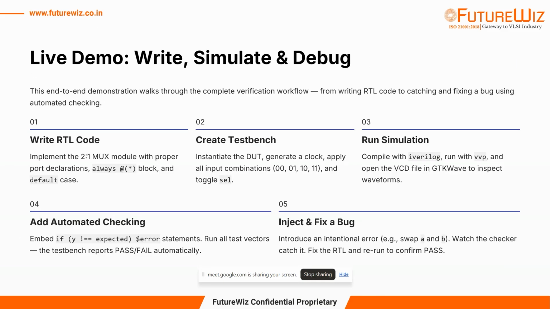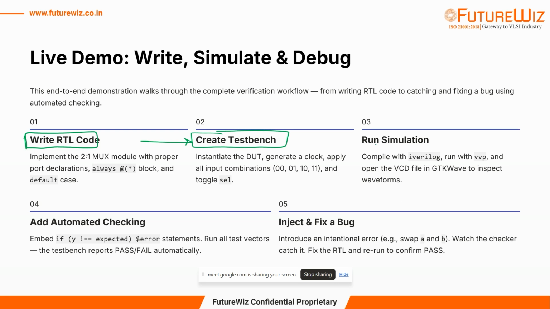If I'm talking about industry level verification, they work on these levels. First, they write the RTL code, which describes the hardware. Then they create the test bench, through which they drive the set of inputs to the RTL code and capture the inputs and outputs.